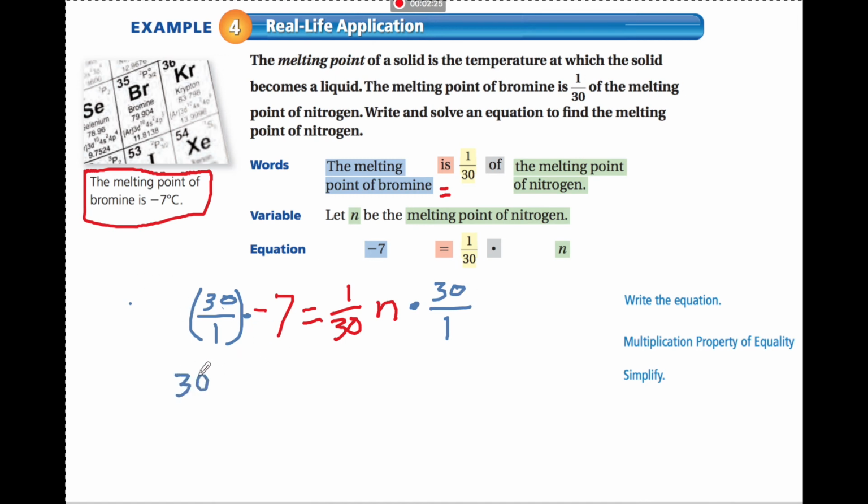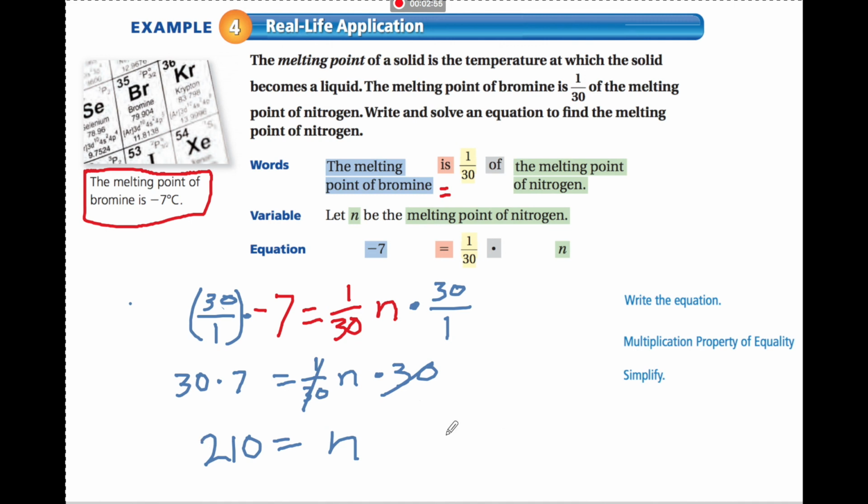So it's just going to be 30 times 7 is equal to 1 over 30 N times 30. Okay? Well, 30 times 7 is 210, which is equal to 1/30 times N times 30. Well, because they're reciprocals, these cancel out, and that leaves N alone on one side of the equal sign.